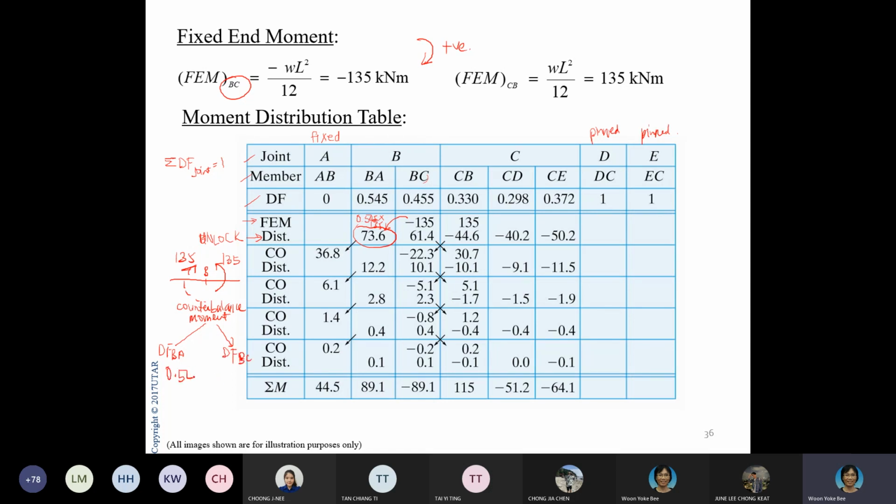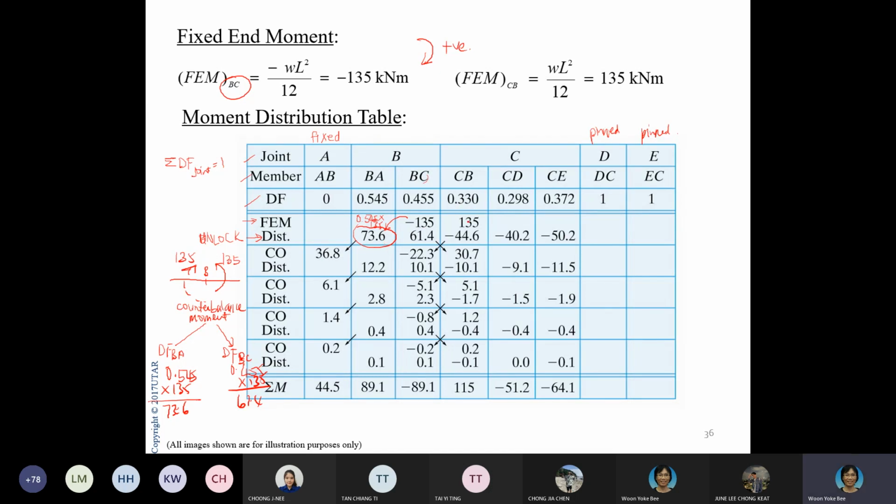Here I have 0.545 multiplied by 135. That gives me 73.6. This one is 0.455 multiplied by 135. This gives me 61.4. Okay, I will just show you one, and then the rest is all the same. So here you have that.